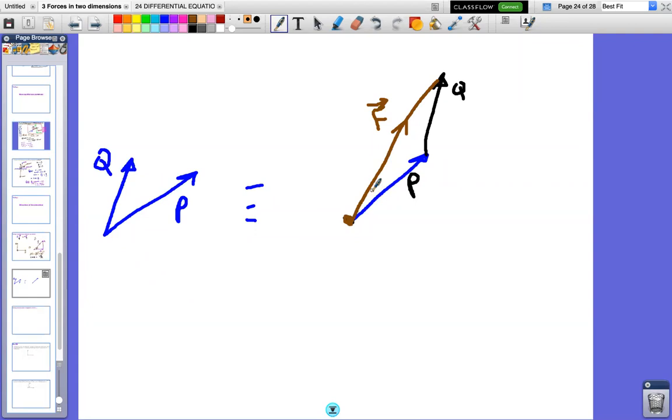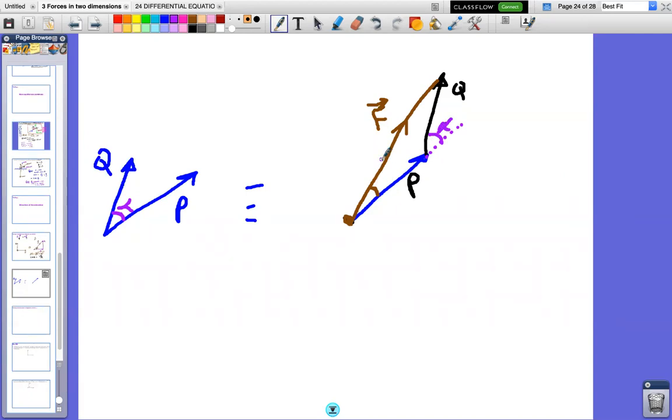And if you are given the angle between P and Q, let's call this alpha. So this is the angle alpha.